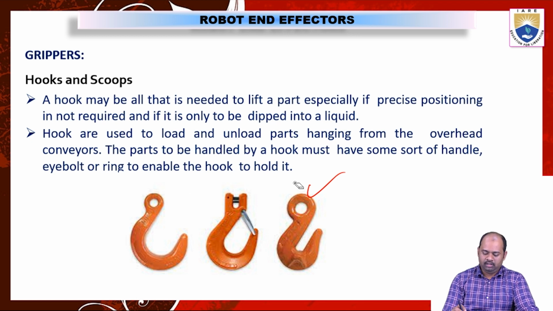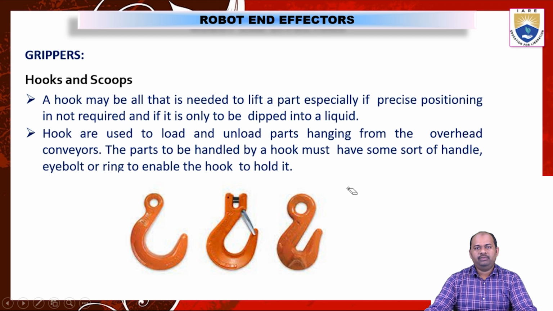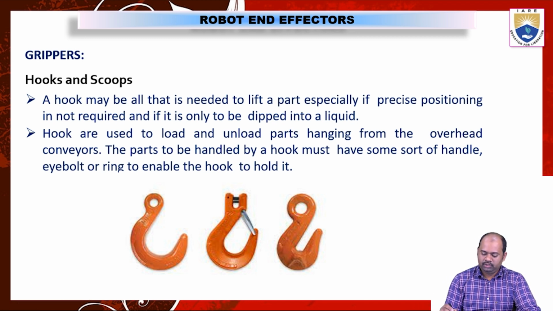Now, where do we use hooks in robots? In robots, we use hooks for lifting mechanical parts when they are to be dipped in paint, or dipped in an oil bath.